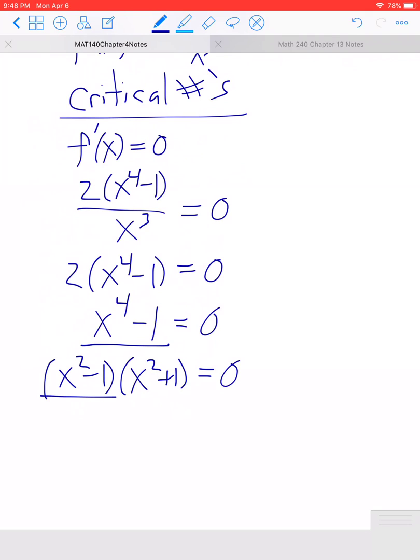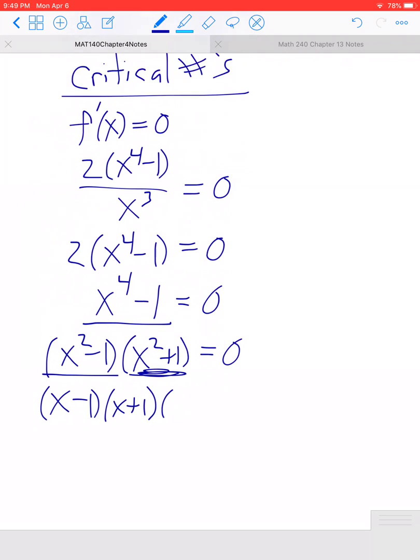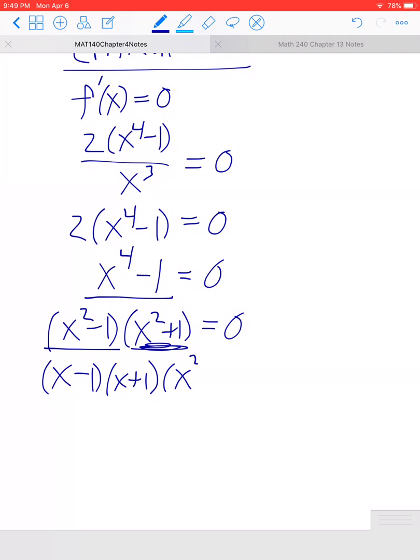This first part is another difference of squares. This factors as x minus 1 times x plus 1. And one of the things that you might recall is that the second piece, which is a sum of squares, does not factor over the real numbers. So that's just going to stay as it is. We now are going to take and set each factor equal to 0 individually.